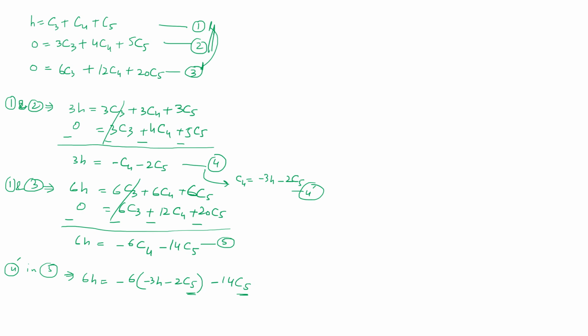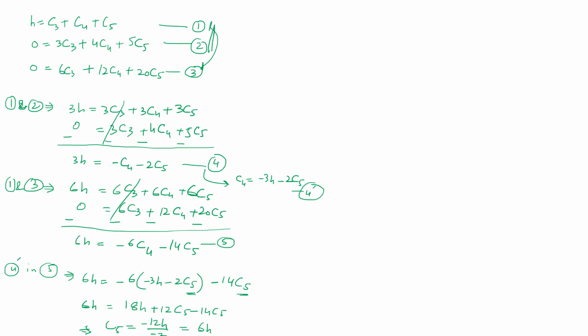So when you plug these values in, this would turn out to be 6h is equal to something like 18h plus 12c5 minus 14c5. This would mean that c5 is equal to something like minus 12h by, I suppose, minus 2. So this would mean that this is equal to 6h.